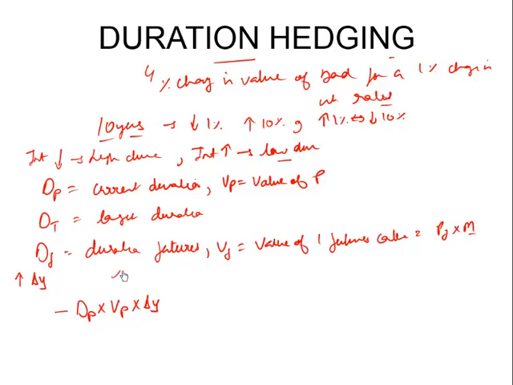Let's assume that I am long n futures contracts. Then the futures will also fall to the extent of n into the value of the futures contract into duration of the futures contract into delta y. This will be the fall in the value of the futures position.